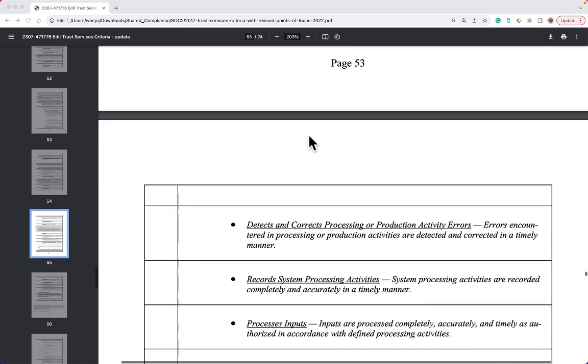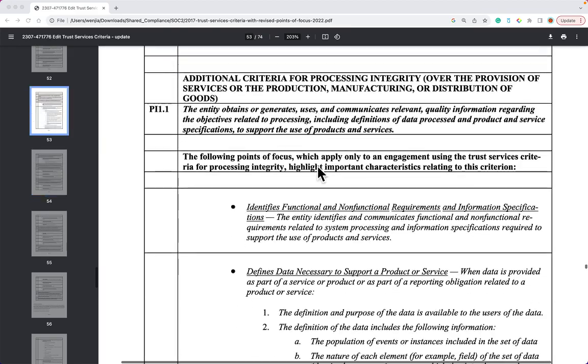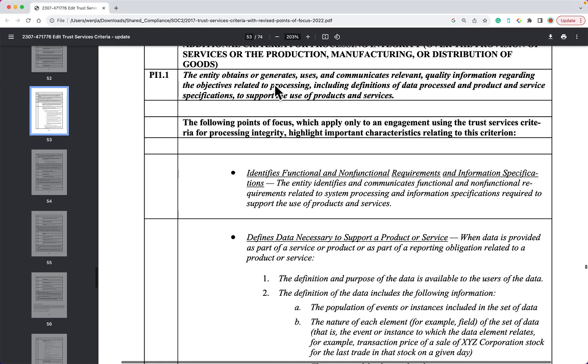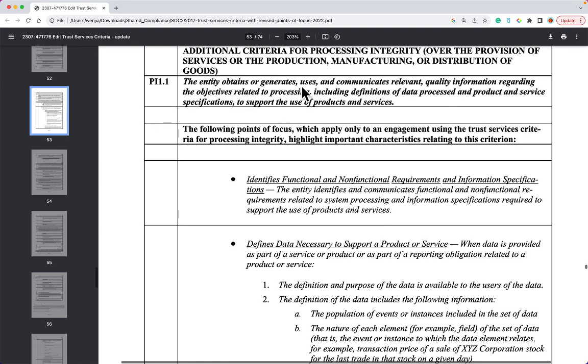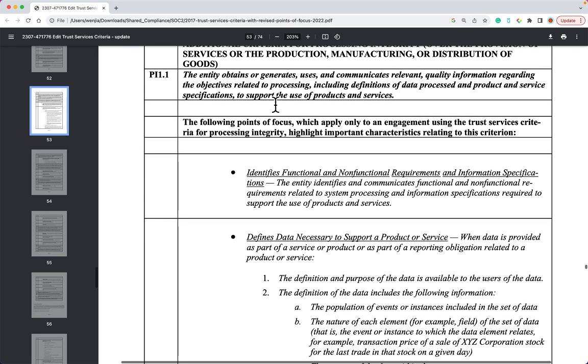So that's basically this criteria. Now let's check the first one: the entity obtains or generates, and communicates relevant information related to processing, including definitions of data processed and product and service specifications, to support the use of the system.